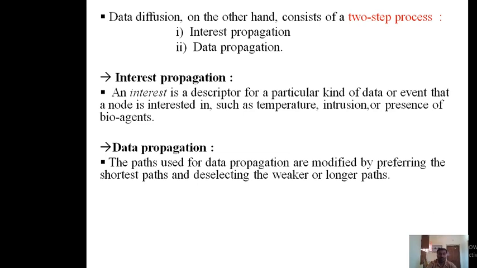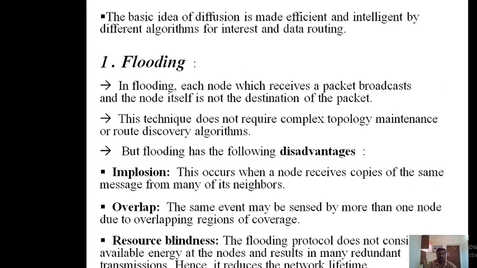Now we are going to discuss the different algorithms used for disseminating the interest and data routing. According to this point of view, we have different concepts. The first concept is flooding. We already know what flooding means. In the network we have different numbers of nodes.